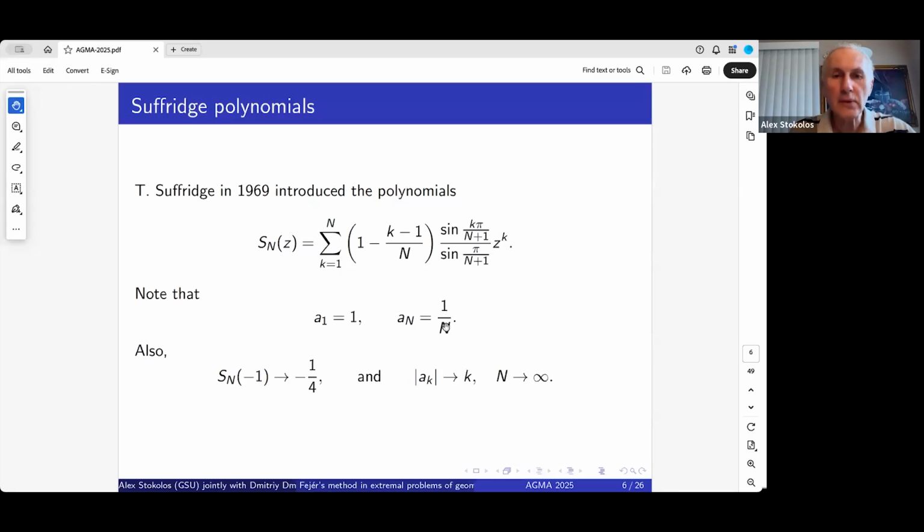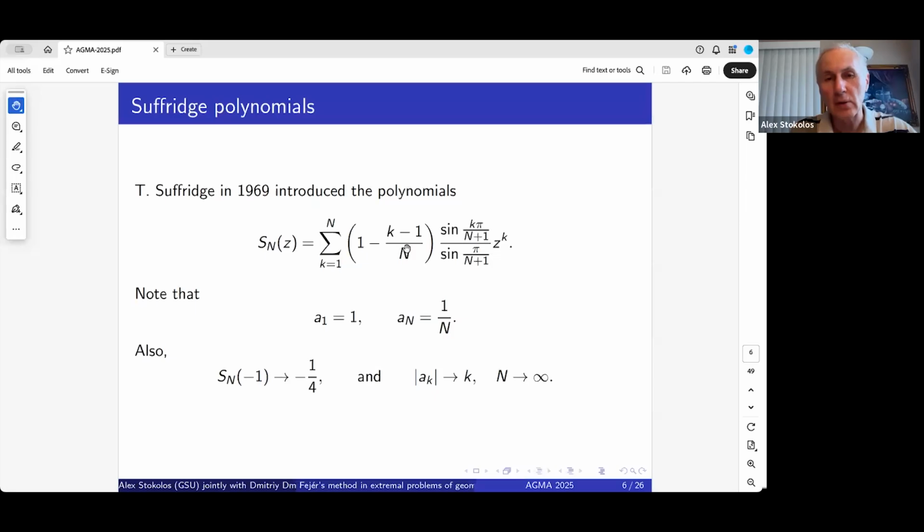In the polynomial world, if the polynomial is one-to-one, the last coefficient cannot be large. It should be at most 1 over n. And it's a totally different story, because in the Koebe function the nth coefficient is n. Here the last coefficient is 1 over n, small. But this is the largest coefficient which you can imagine.